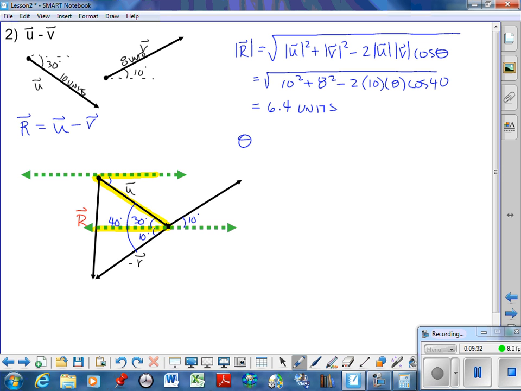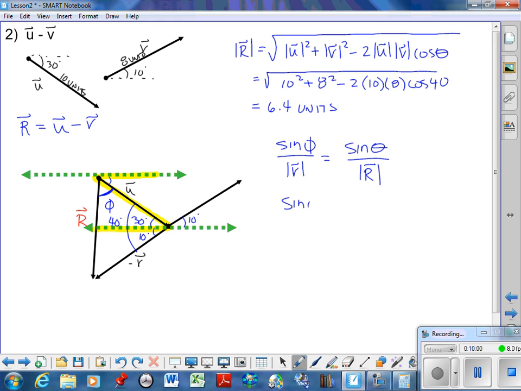My angle is the tan inverse of, nope, it's not tan inverse, it's sine law, sorry. So now we have to find the angle at which the resultant is going. So I want this angle up here, which I will call phi. So sine phi divided by magnitude of v is equal to sine theta, the angle we just found originally, over magnitude of r.